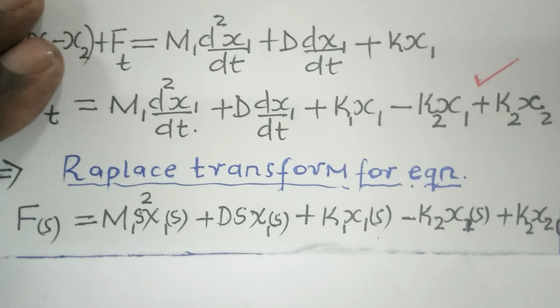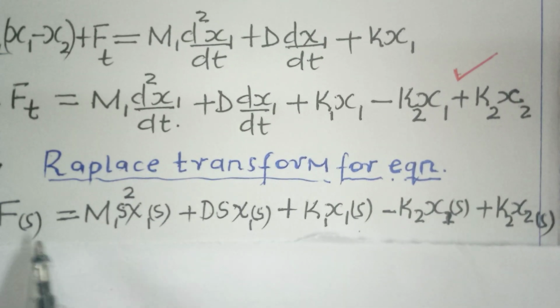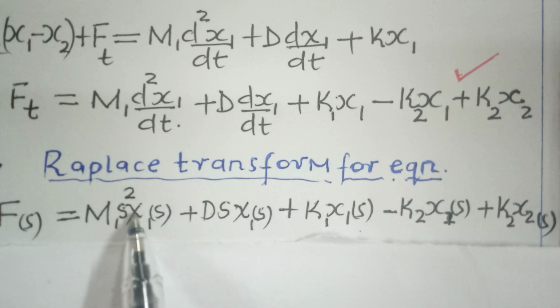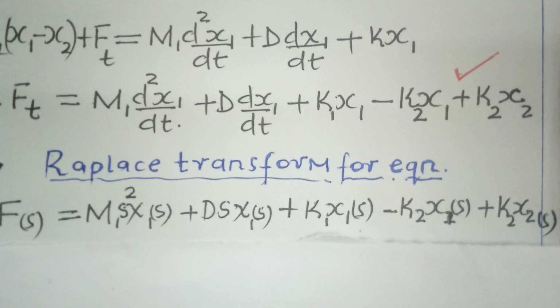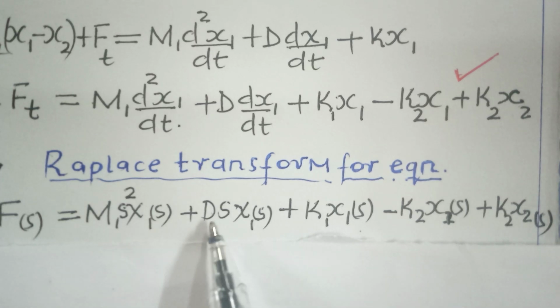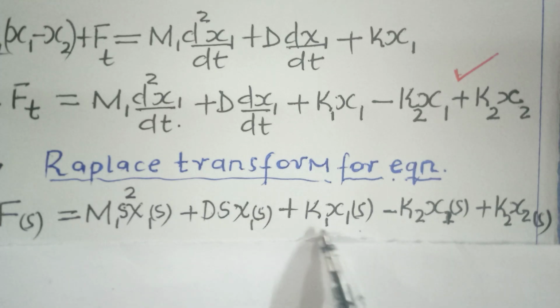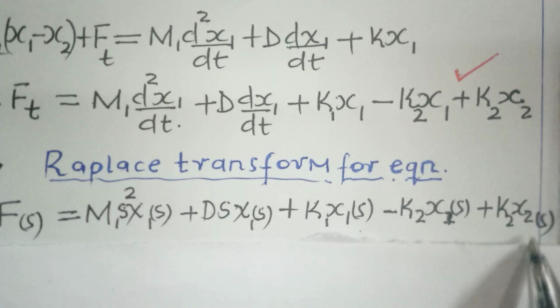So guys, the Laplace transform for that equation is given by F(s). For the second derivative, we have s squared X(s), where s represents the Laplace transform. This one, we have Ds X(s) plus K1 X1(s), minus all of that.